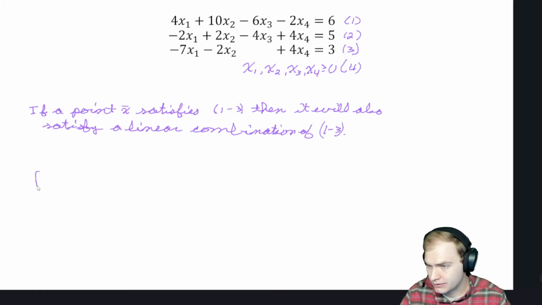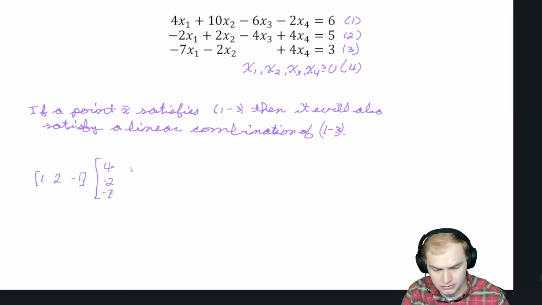In fact, we are going to take this particular linear combination. This is the augmented matrix here.